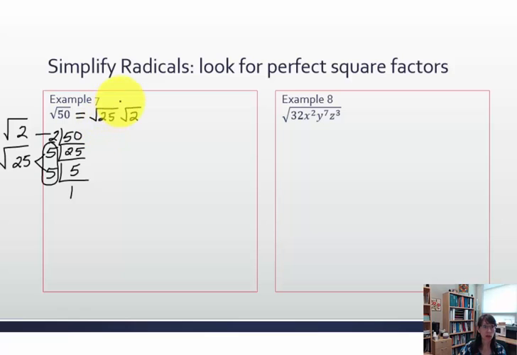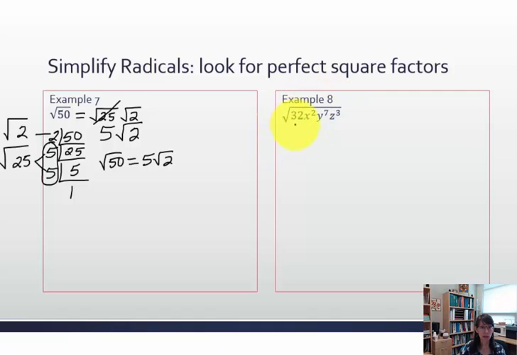So 25 will clear the radical as 5. 2 does not come from perfect square factor, so it will remain under the radical. So the square root of 50 is equal to 5 square roots of 2. So we can use the factor ladder to help us with all of these non-perfect square coefficients.